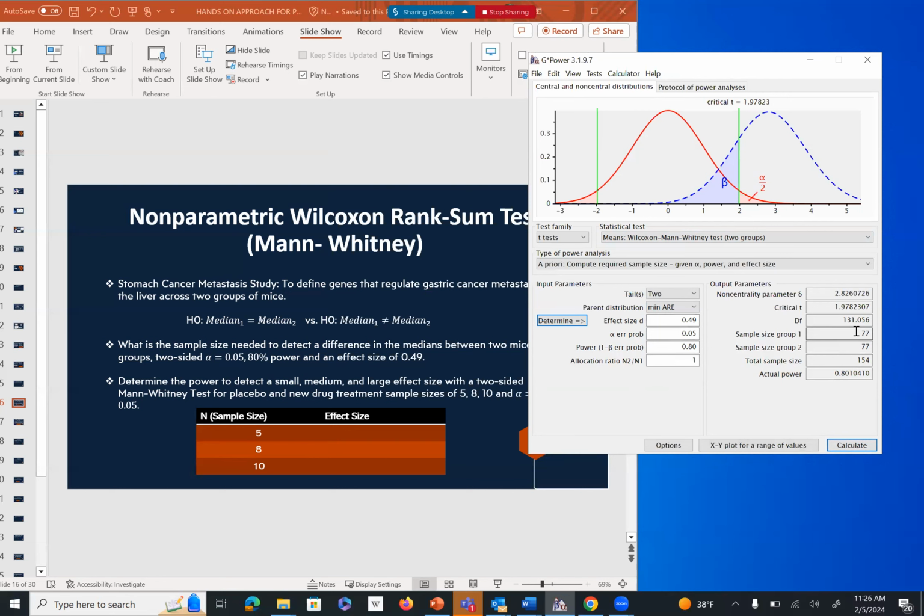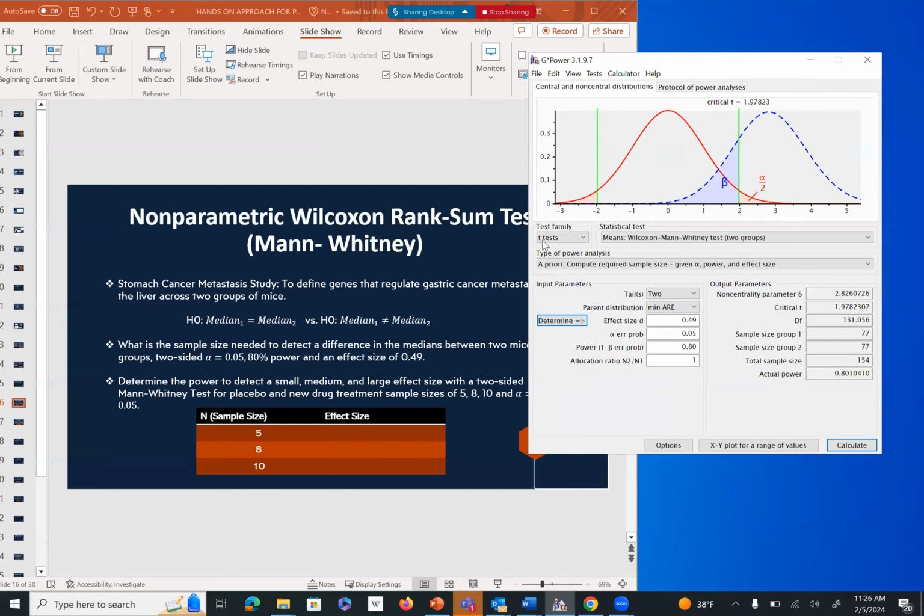So in each mice group, I need 77 individuals, a total of 154 individuals at 80% power to obtain an almost medium effect size, estimated at 0.50. So to see a medium significant difference between the median gene regulation numbers, you'd like to enroll 154 subjects, 77 in each group, to have 80% power and to show a medium effect size.